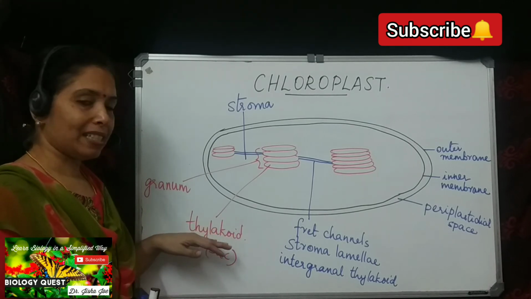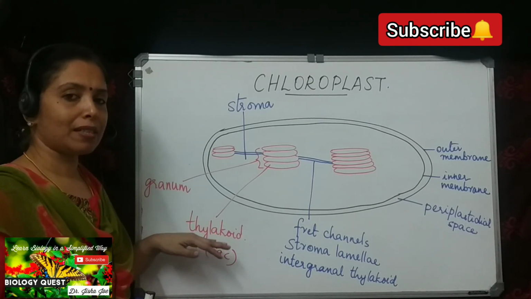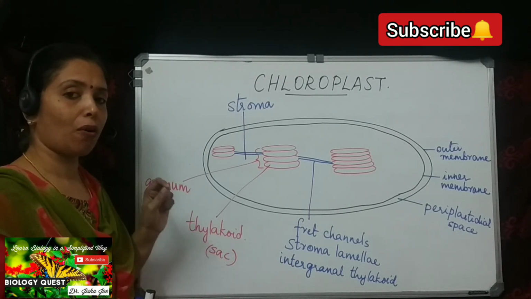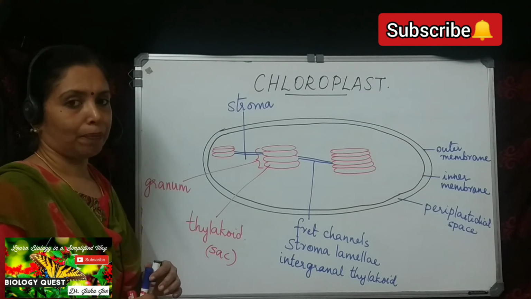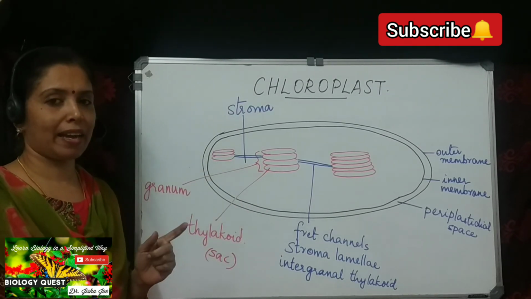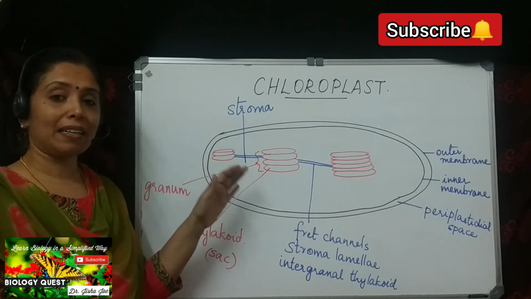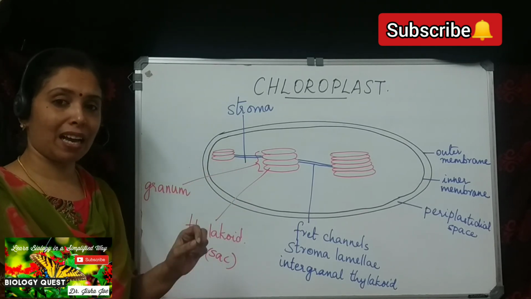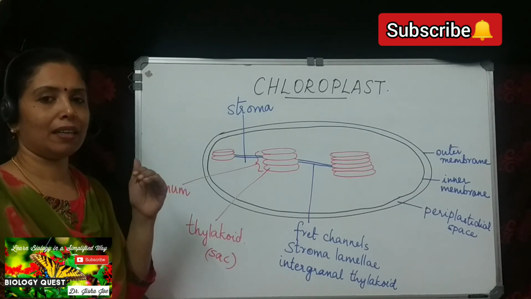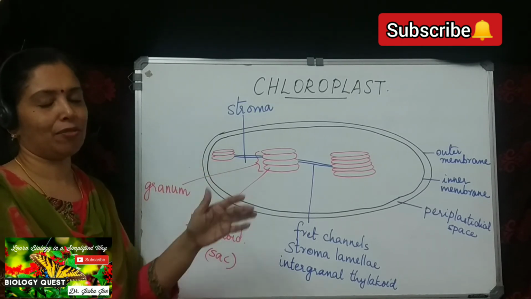So the light dependent phase of photosynthesis takes place in the thylakoid, or exactly on the thylakoid membrane. As we have already seen, stroma is the site of dark reaction. So the stroma contains enzymes for the reactions of the light independent phase.